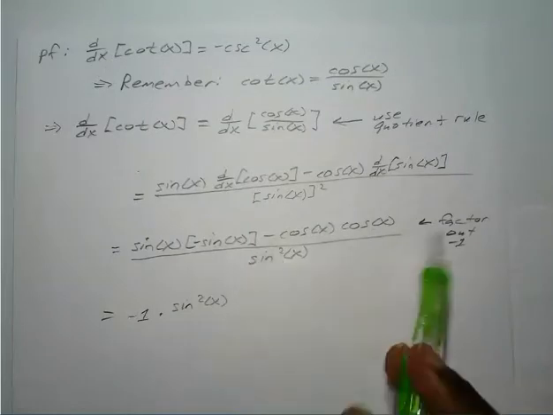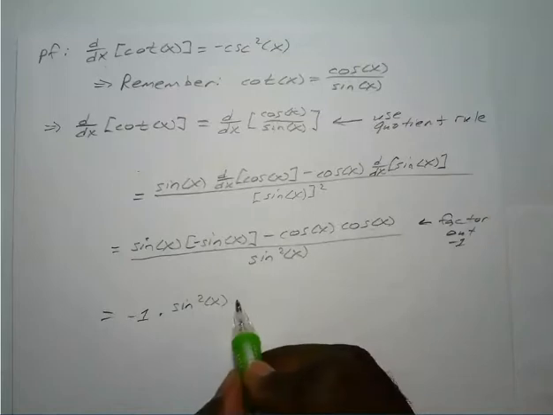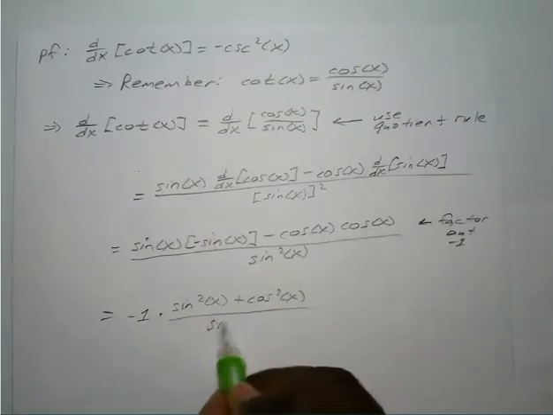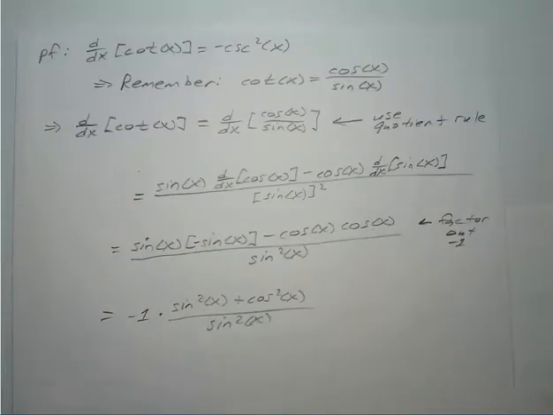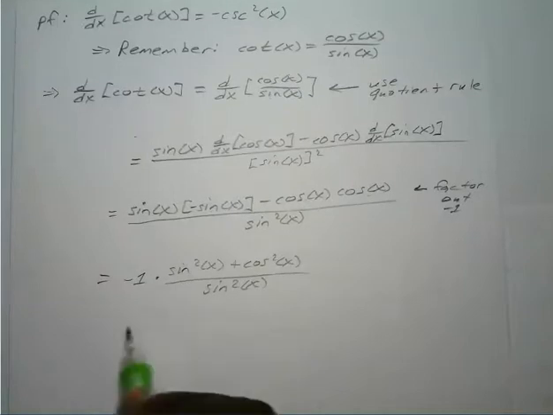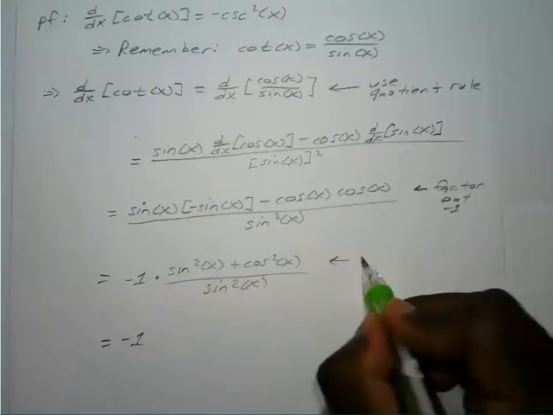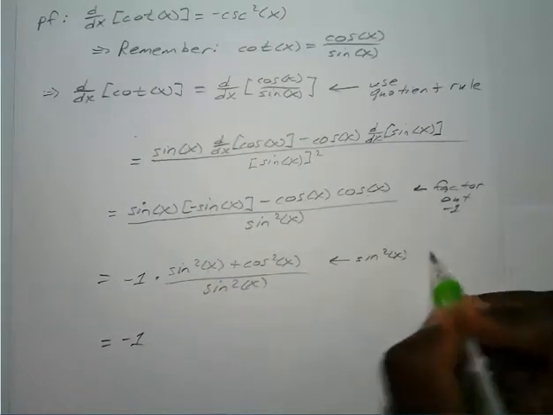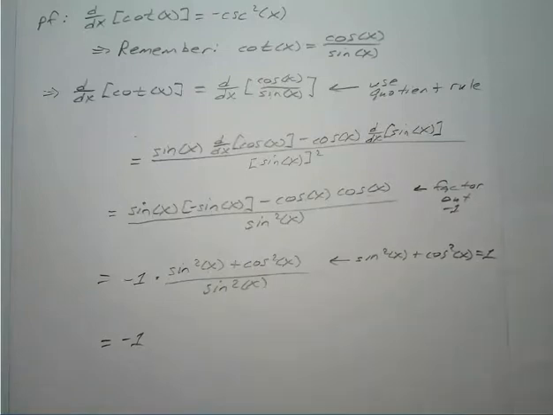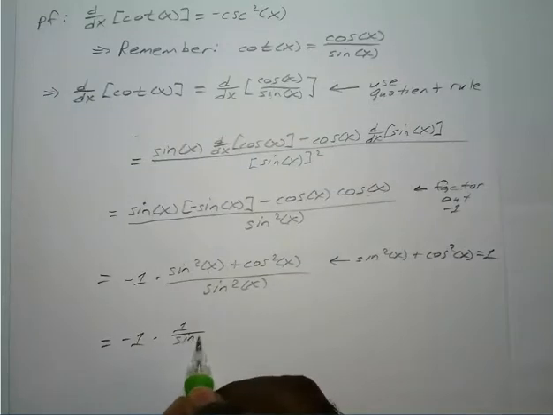If you factor out the negative 1 here, you have cosine and cosine, so that's plus cosine squared x, all over sine squared x. Okay, so that gives us negative 1 times sine squared plus cosine squared, which equals 1. So this just becomes 1 times 1 over sine squared.